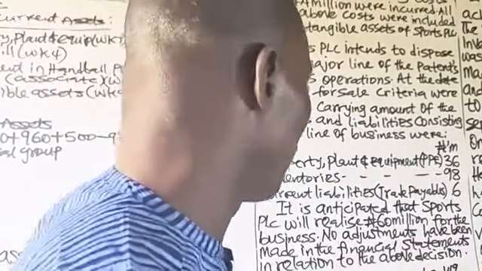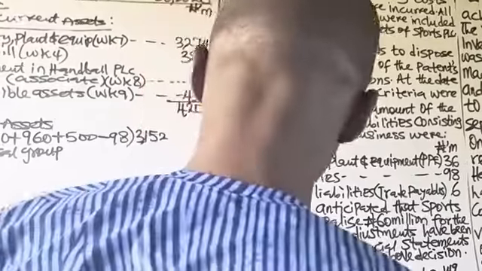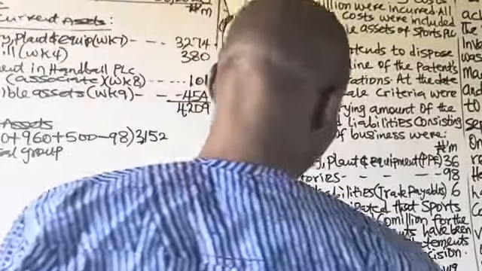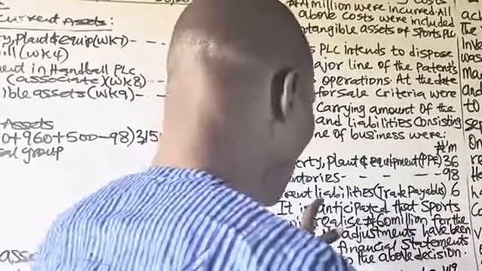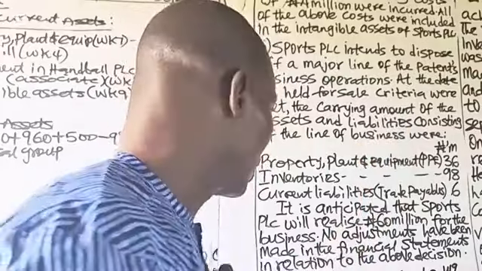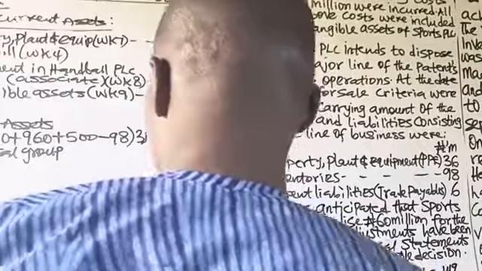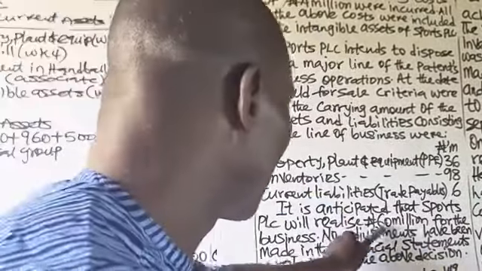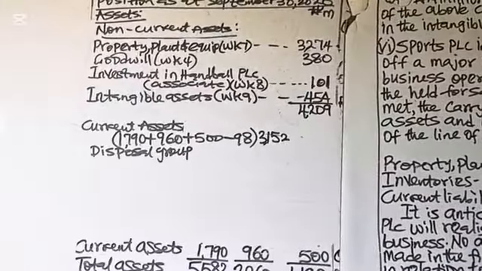The proceeds of 60 million should be recognized as current assets. You can add the liability because you want to show the liability separately. So we have the proceeds of 60 plus 6 million. That gives us 66 million.